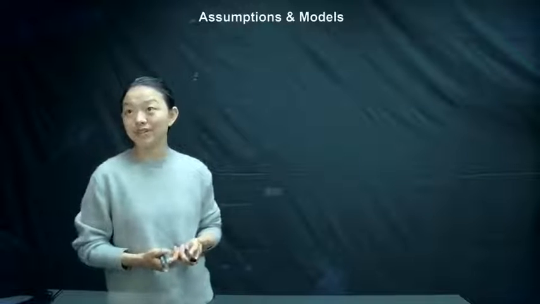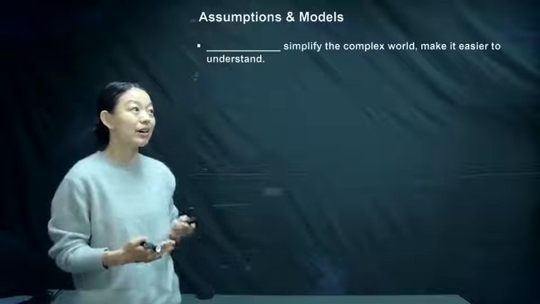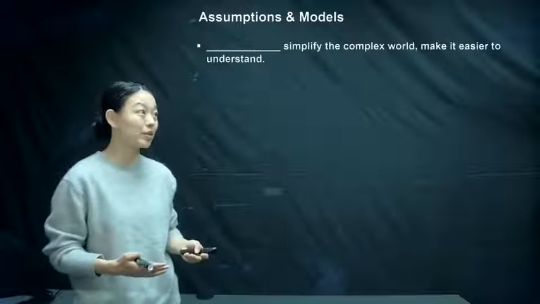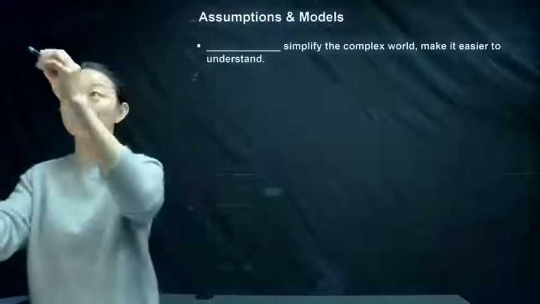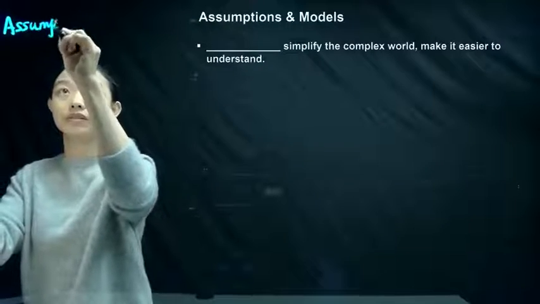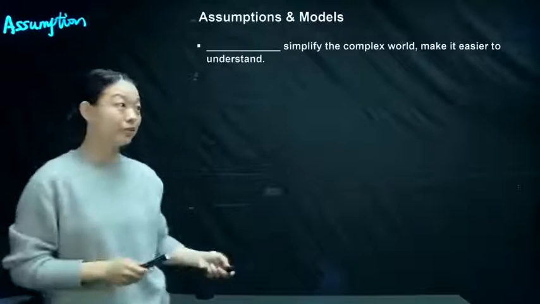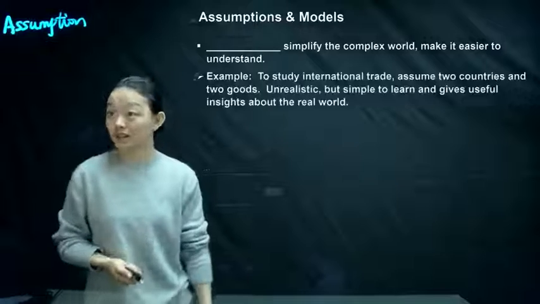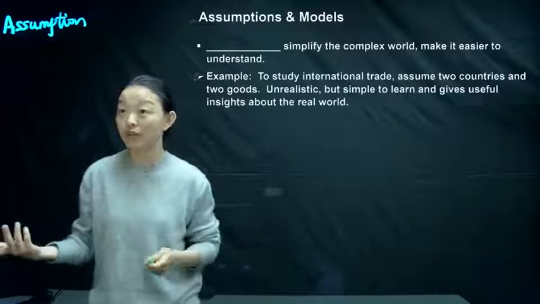Now to the second part, assumptions and models. We would like to say the assumptions can help us to simplify the complex world and make it easier to understand. So in the first part, you need to put assumptions. I will give you an example. In order to study international trade, we may assume there are only two countries.